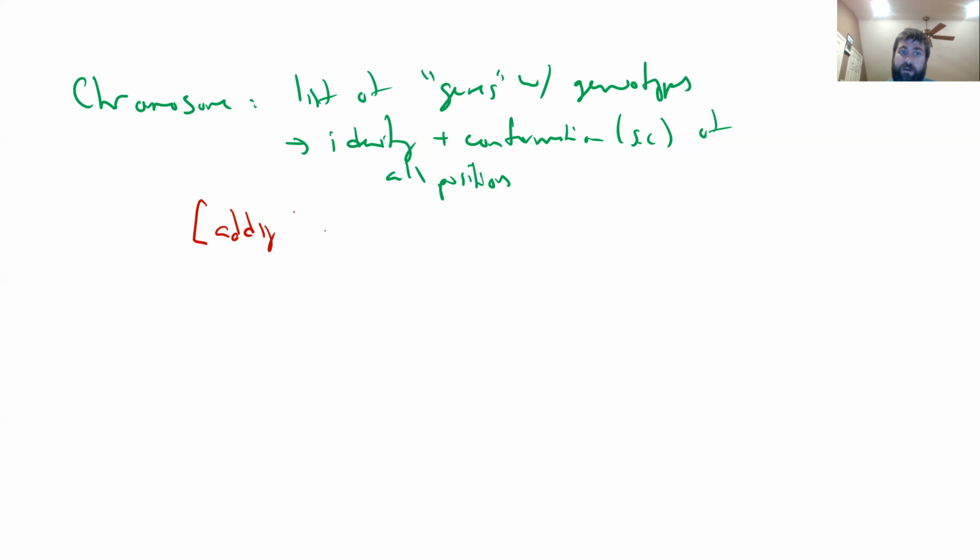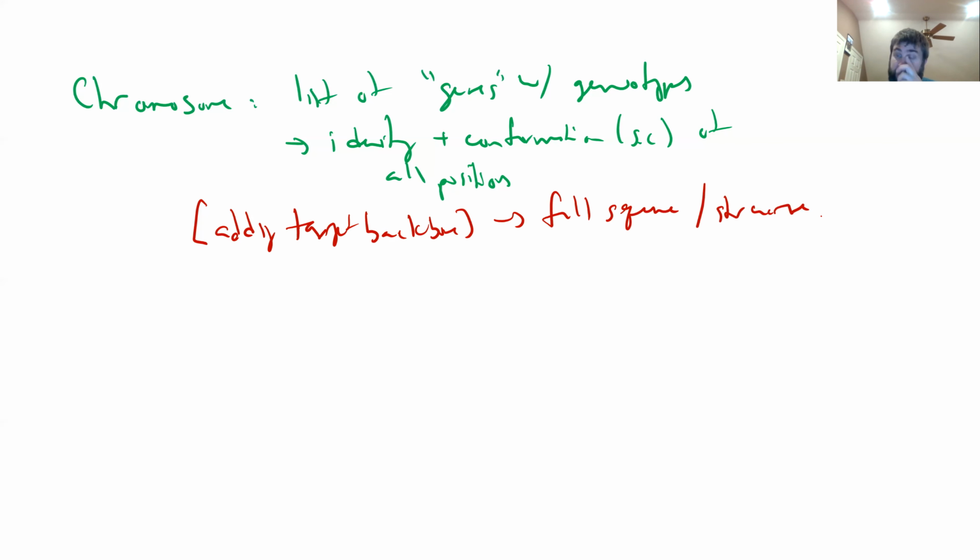If we add in the knowledge of our target backbone, that gives us a full sequence and structure. We have an identity for every amino acid at every position. We have a conformation of every side chain at every position. If we add in the backbone that is known as a fixed part of the problem, that gives us a whole structure.